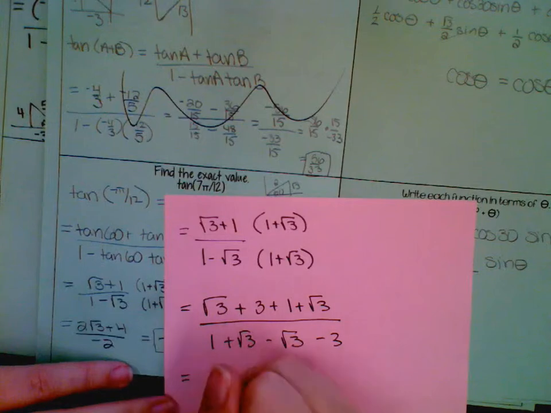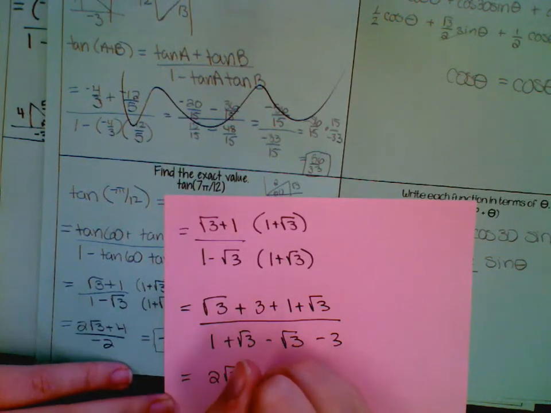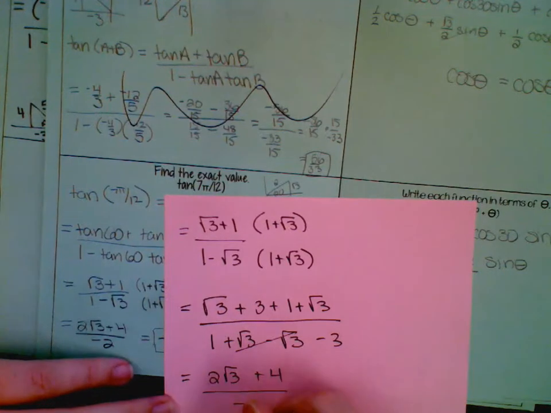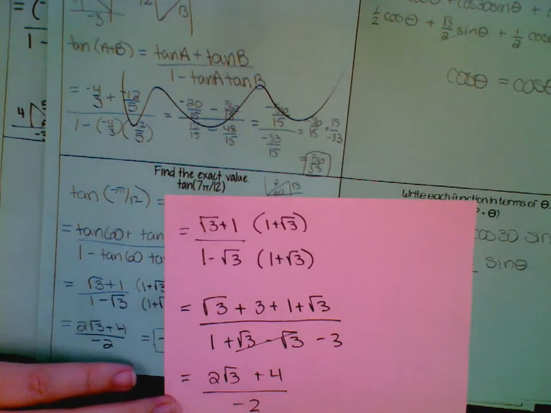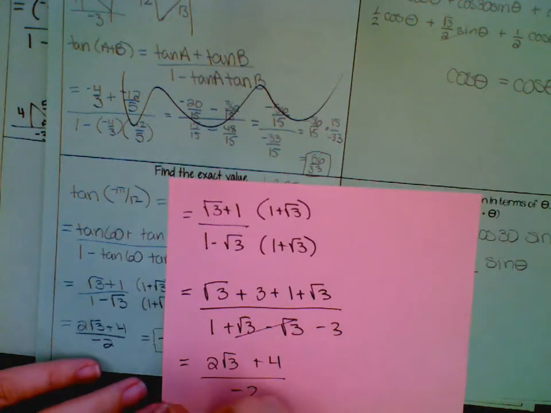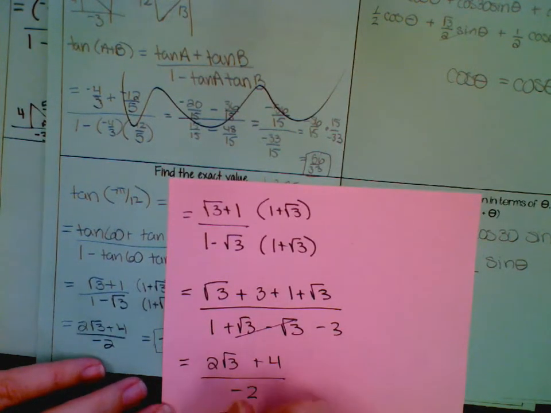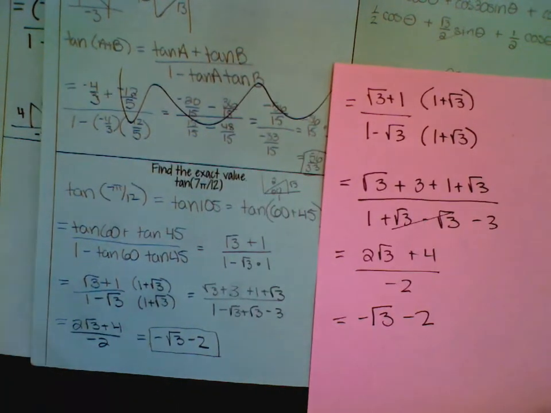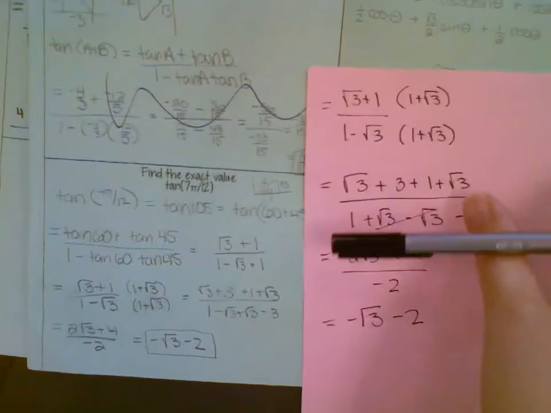So combine like terms, we get 2 root 3 plus 4 over, those cancel out, it's negative 2. And then we can divide those, so we end up with negative root 3 minus 2. Okay, if you are having problems with that algebra, make sure you ask in class tomorrow.